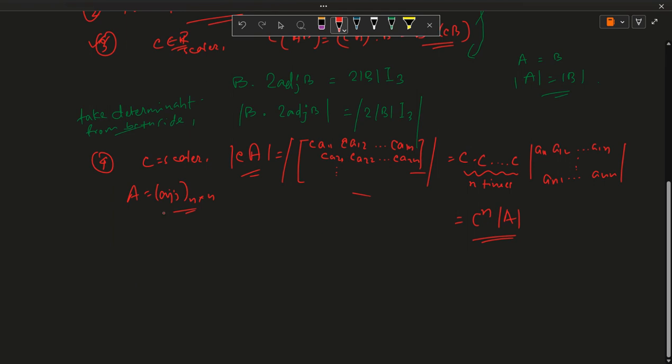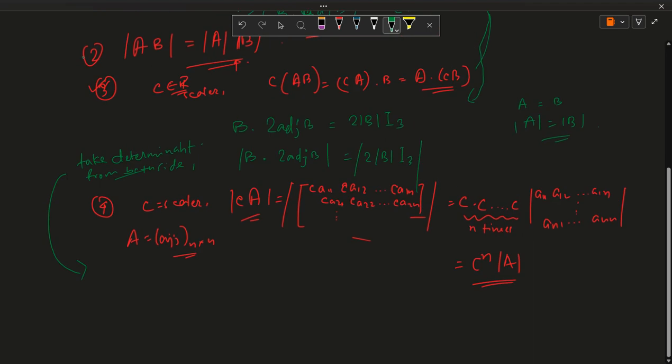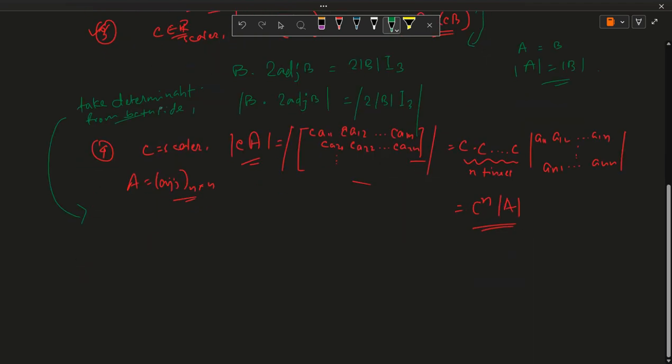Okay, so let's move forward. So from this we can write, using our formula 2, that determinant of B into determinant of 2 adjoint B equals, this whole term is a scalar term and it is multiplied with I3.